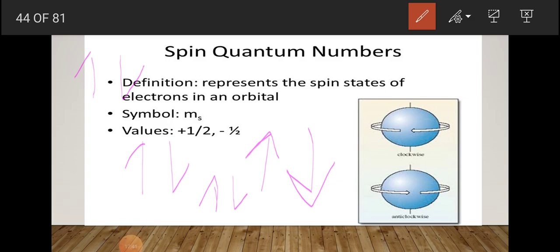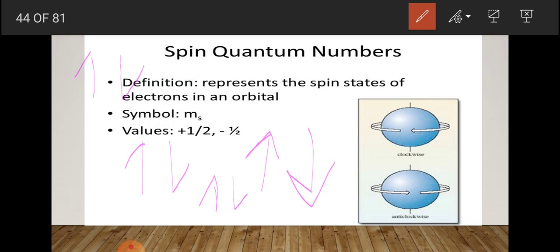Okay children, after all the quantum numbers, examples are given in your book. Example 2.17: an atomic orbital has n equal to 3. What are the possible values of L? It will be 0 to n minus 1, which means 0, 1, 2. Now an atomic orbital has L equal to 3. What are the possible values of M? So you have to remember those formulas.